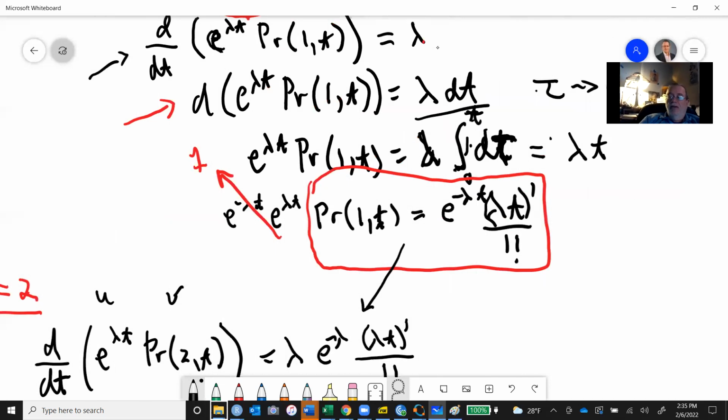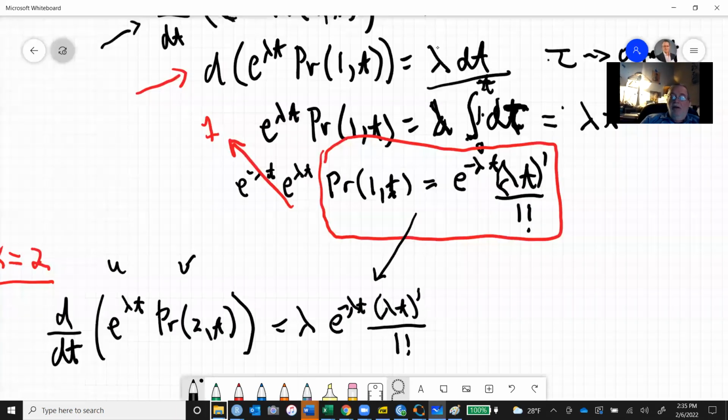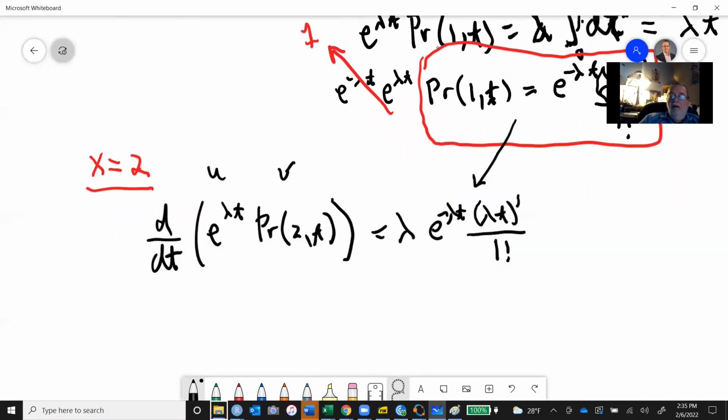So instead of this, we get this more complicated expression with e to the minus lambda t in it, lambda times that probability. That's okay. Watch what happens. We multiply both sides by dt.